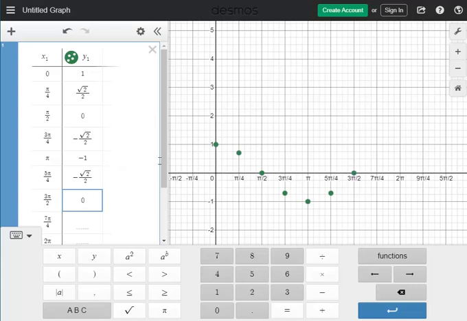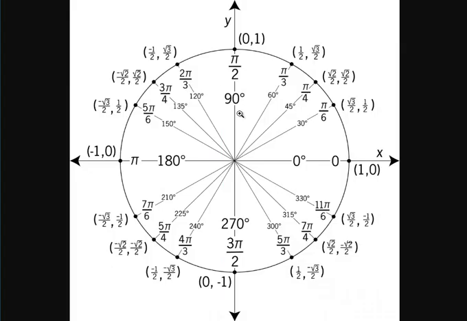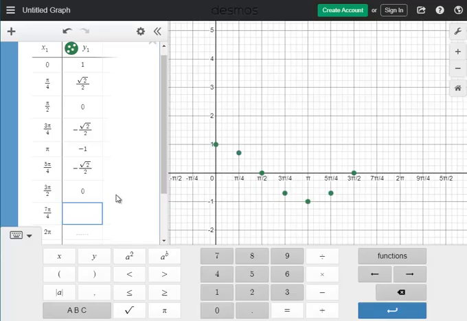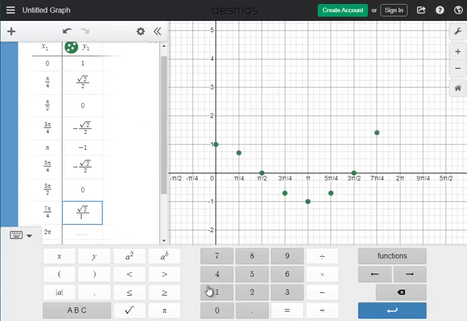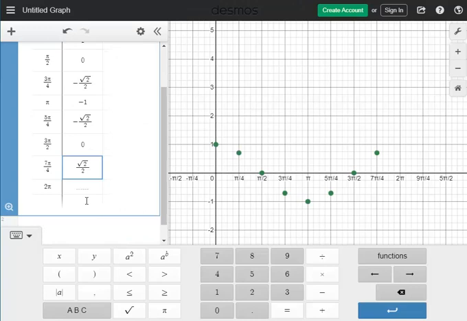And then 7 pi over 4, we'll get another positive square root of 2 over 2 for that x-coordinate. And then lastly, 2 pi, we're back where we began. The x-coordinate of that is 1, so the cosine of 360, or 2 pi, is just going to be 1.